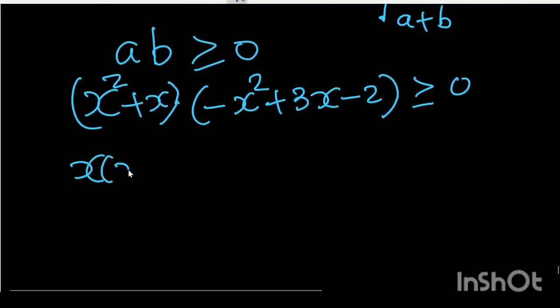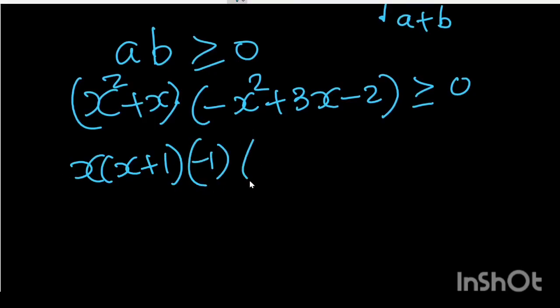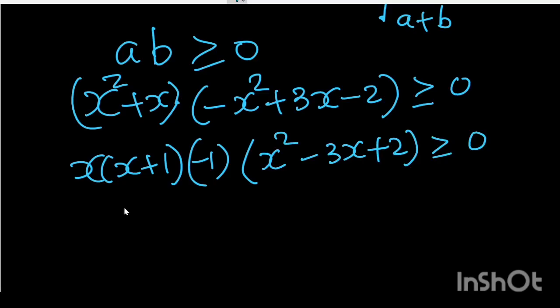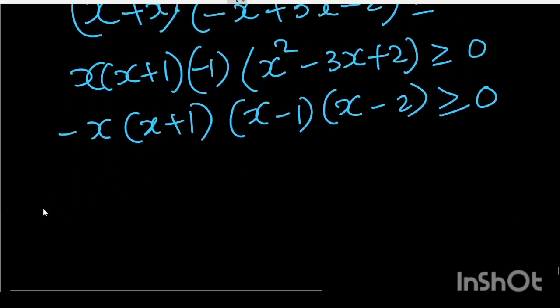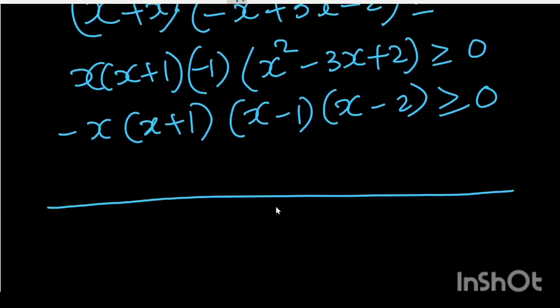So now we need to simply solve this. If you factorize this, if you take minus 1 common, x square minus 3x plus 2 can easily be factorized into two linear factors, one of which is x minus 1, another is x minus 2, greater than or equal to 0. Now you will use the wavy curve method.